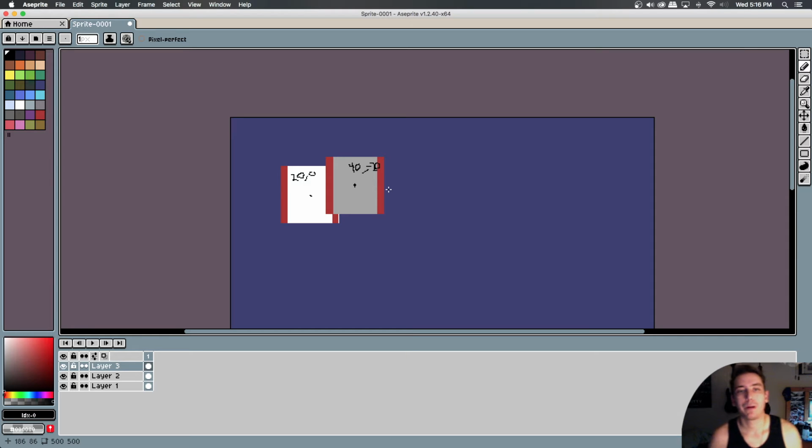So we can compare the points, and since we know this point is higher and to the right of this other point, we can say, hey, that's most likely a right collision.